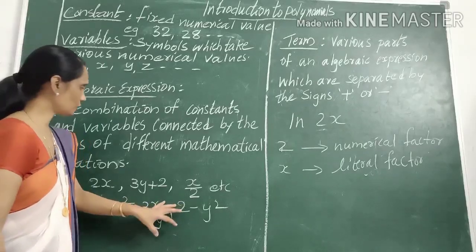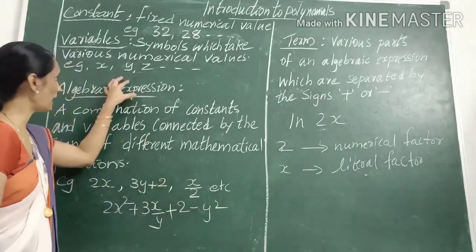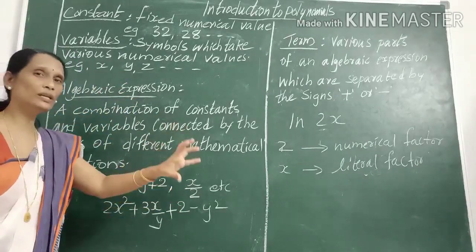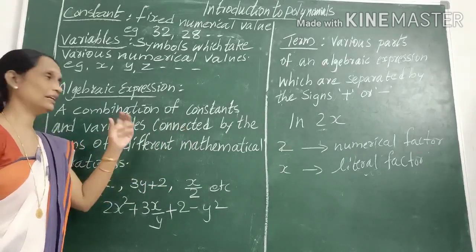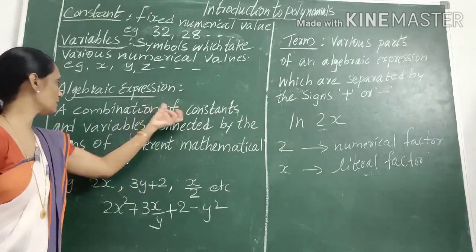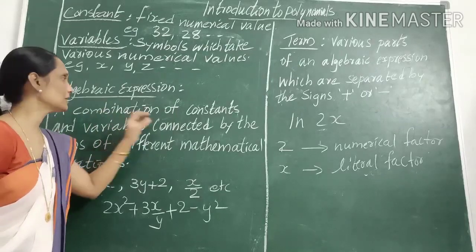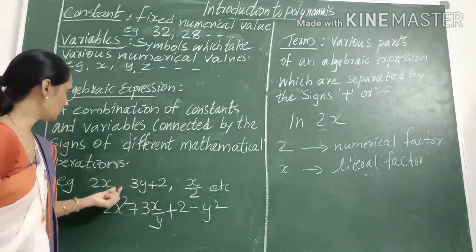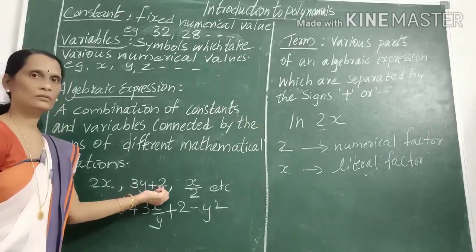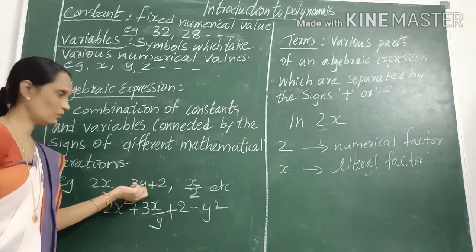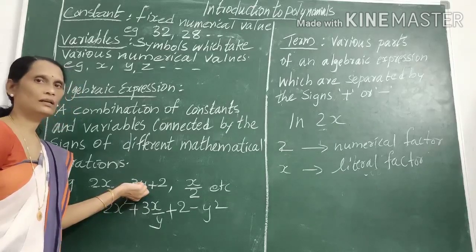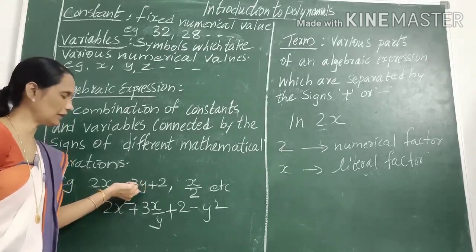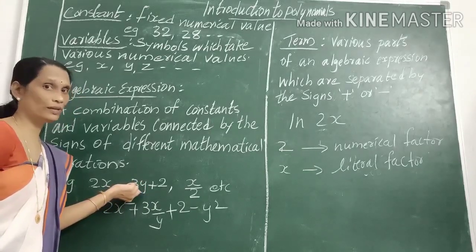Okay now. So an algebraic expression is a combination of literals, or otherwise constants, and variables connected by different mathematical operations. That's all. So here 3y plus 2. In 3y, y is the literal factor and 3 is the numerical factor.